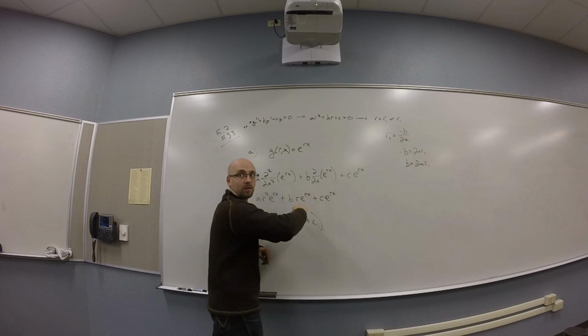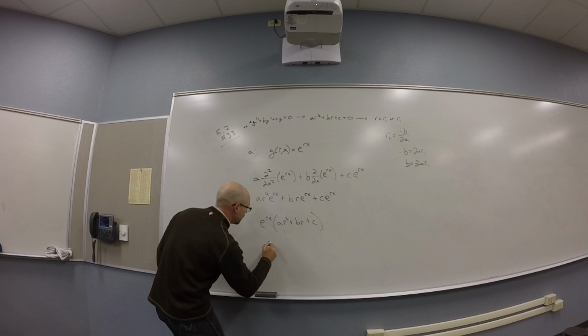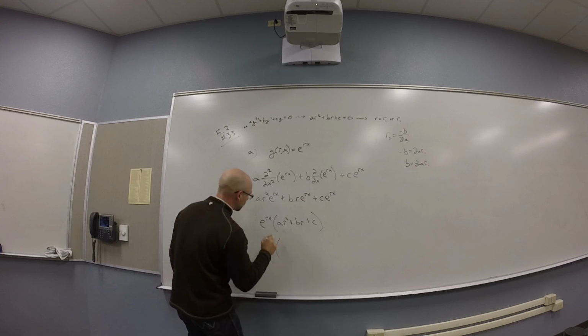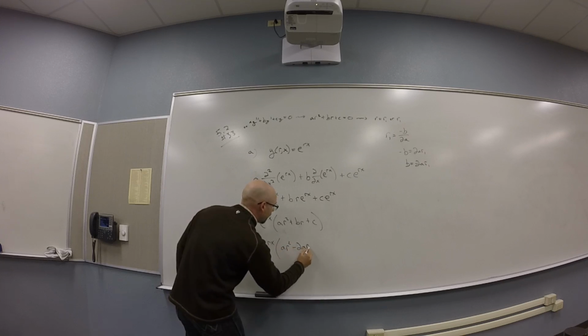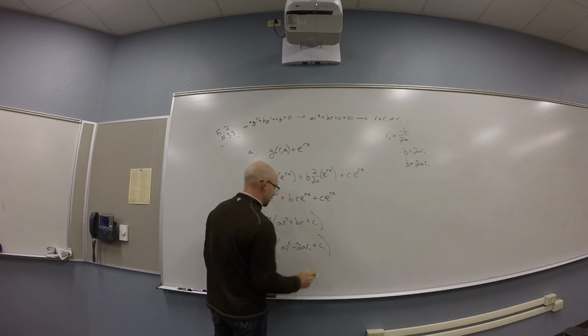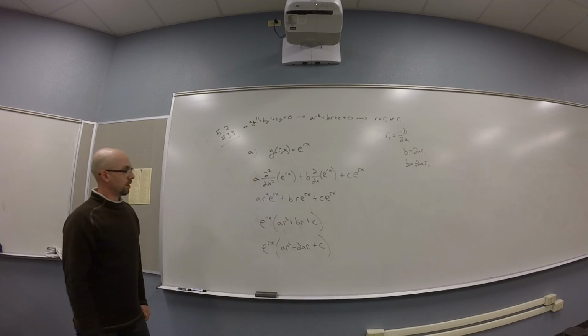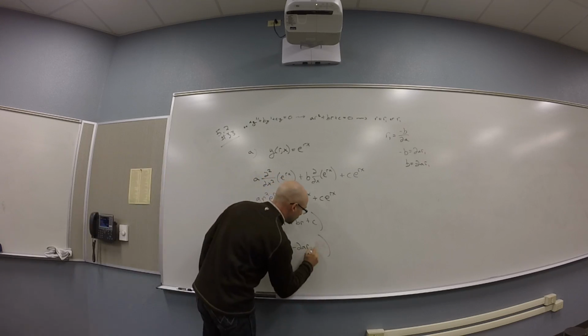So if I make this substitution, take b, which you know in terms of a and r1, and shove it in here, you get e to the rx times ar squared minus 2ar1 r plus c.